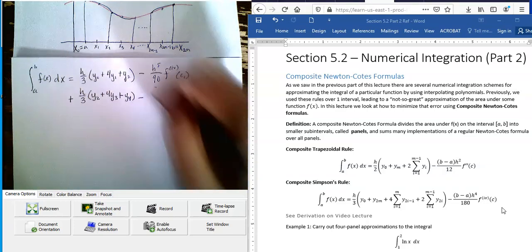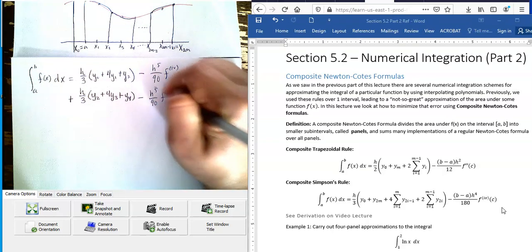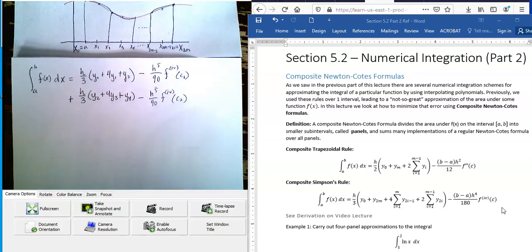Minus the error term there, h to the 5th over 90, f quadruple prime of c2, let's say. Okay.